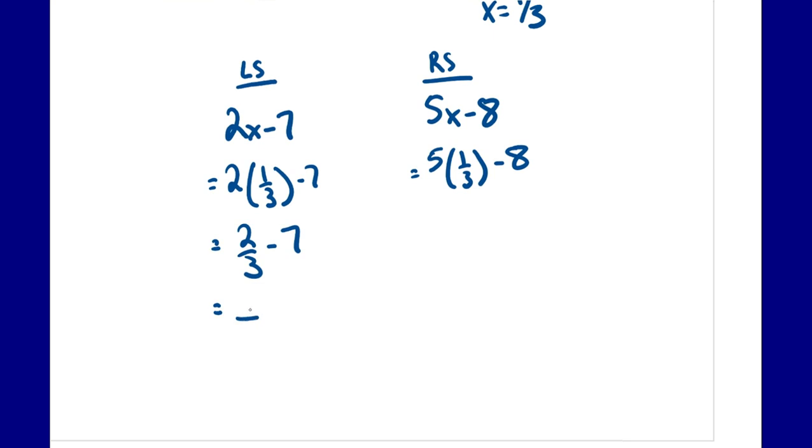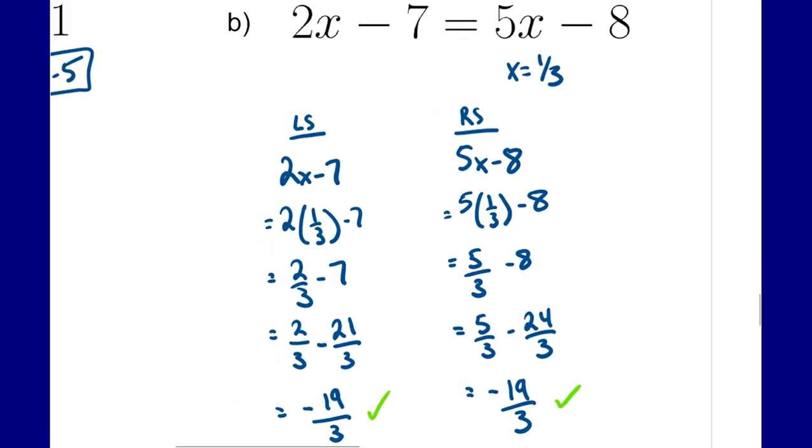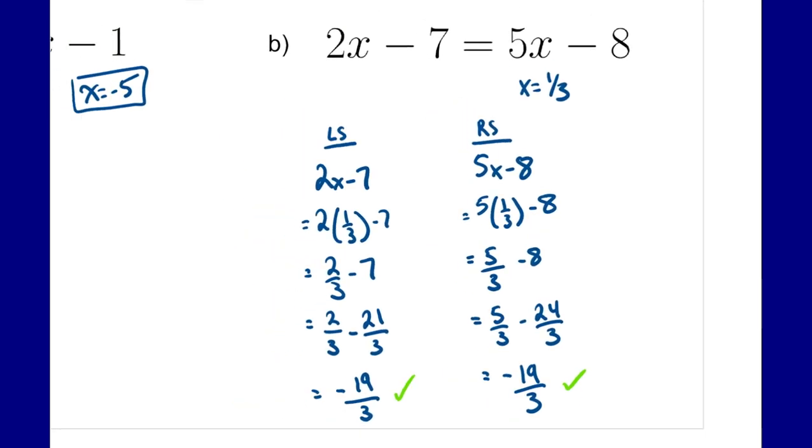Common denominators, so 2 over 3 minus 21 over 3 gives us -19 over 3. The other one, so 5 over 3 minus 8. Common denominator, we have 5 over 3 minus 24 over 3, which gives us -19 over 3. Left side equals right side. My solution of 1/3 is correct.